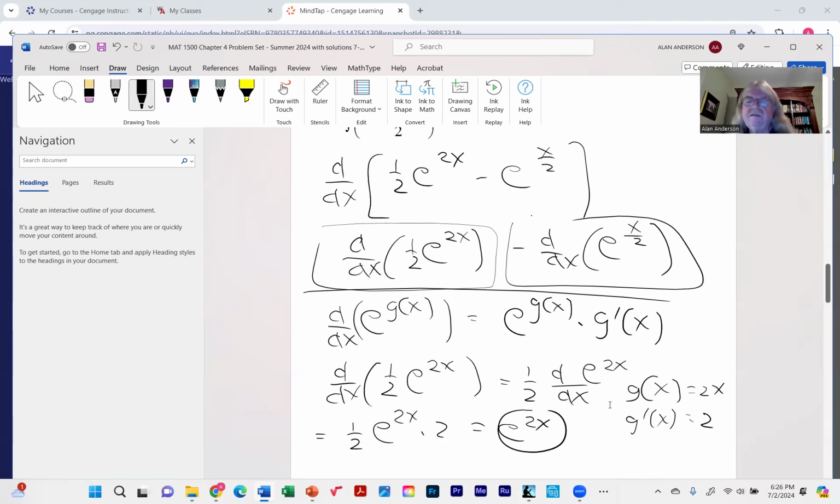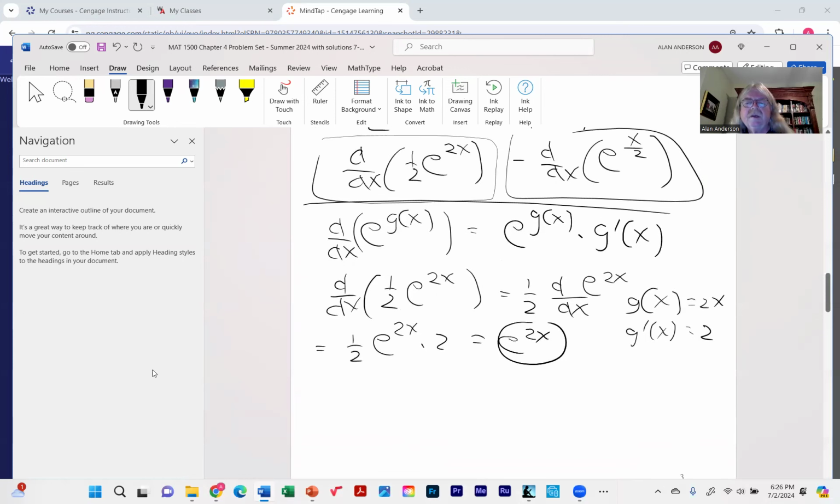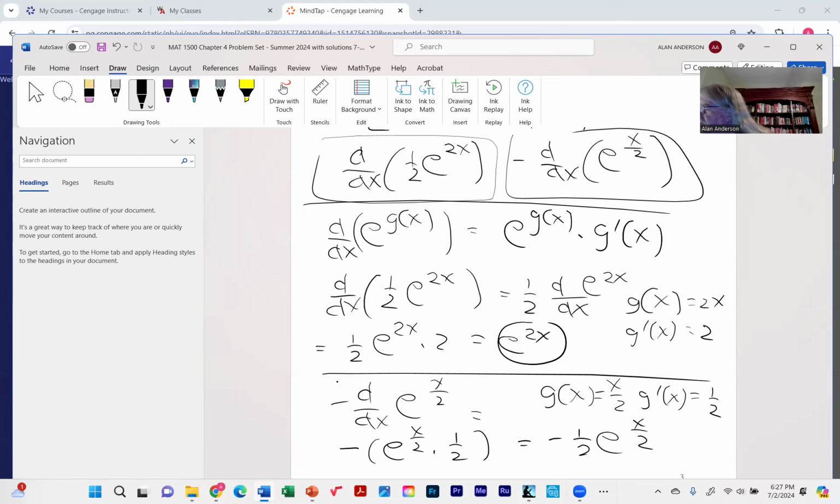This one will be, so we got minus d dx of e to the x over 2 power. And so here g of x would be x over 2, g prime of x would be 1/2. So therefore, this is equal to negative e to the x over 2 times a half, or minus 1/2 e to the x over 2.